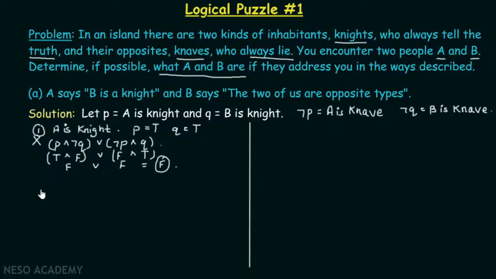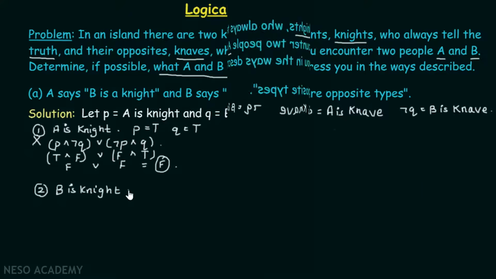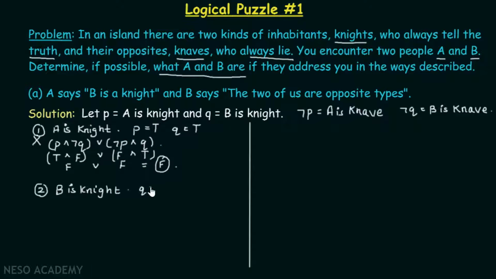Okay? Now, let's consider the second case. B is a knight. If B is a knight, then Q is true, right? Now whatever it says is also true. That is, the two of us are opposite types is actually true. This simply means that P and not Q, or not P and Q, has to be true.